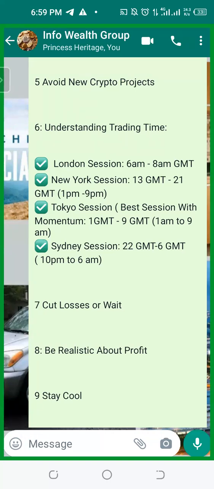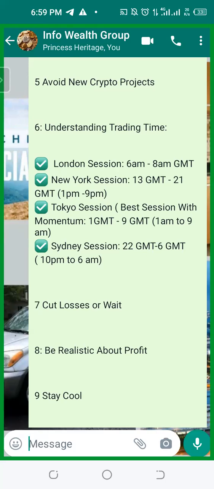And we have the Tokyo session and the Sydney session. But in my own time zone here in Nigeria, the Tokyo session, from experience, is the best session because it has the biggest momentum in trade volume. Between 1 a.m. to 9 a.m., the trades are very, very active in that session.